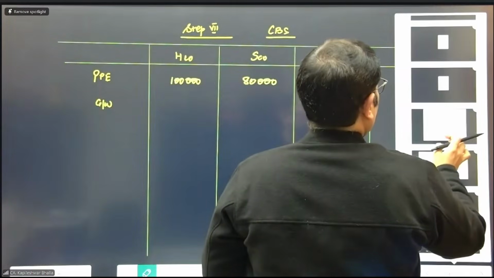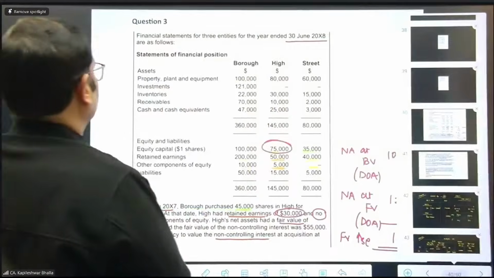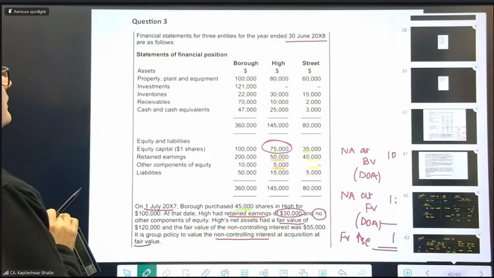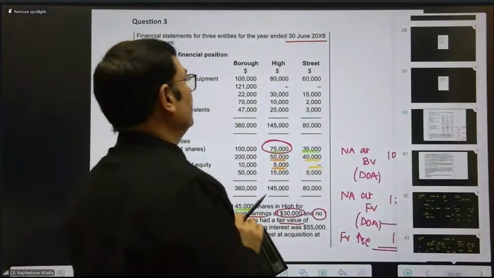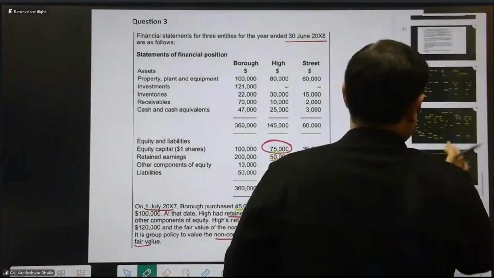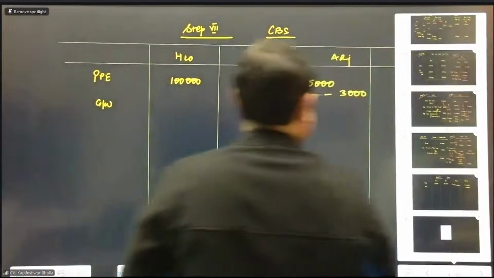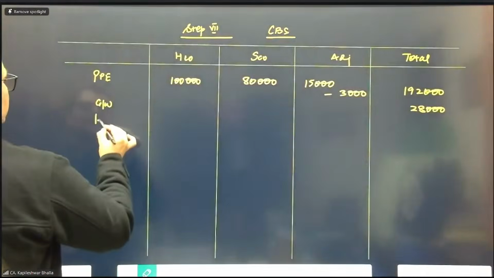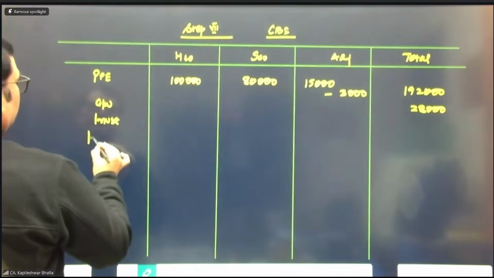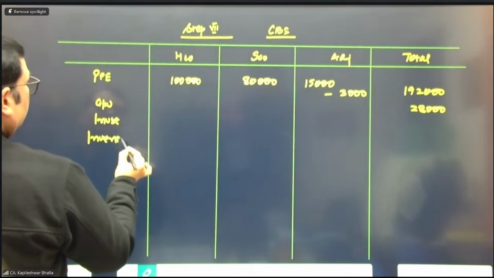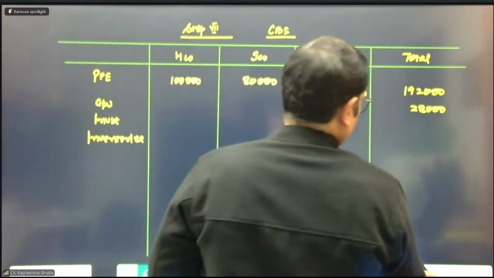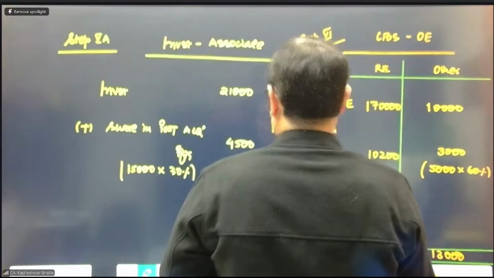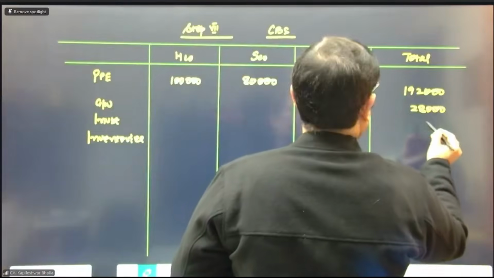Then let's go back again to the balance sheet. Then we need investments in associate. Investments, I guess we just worked out in step number 5A, 25,500.